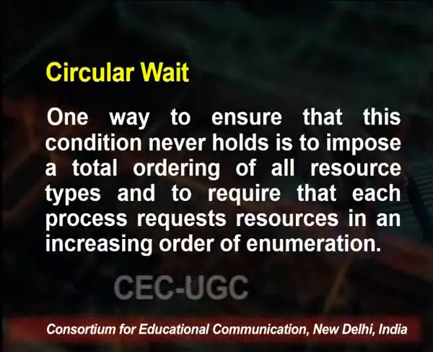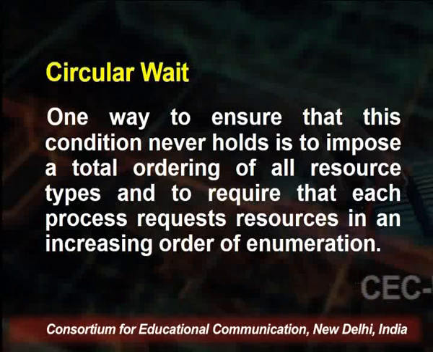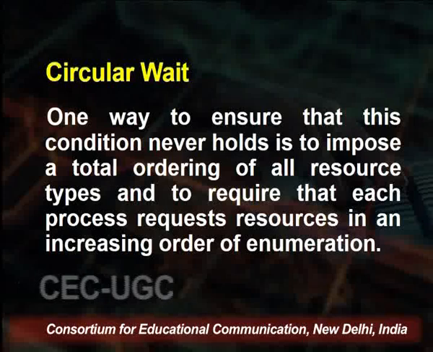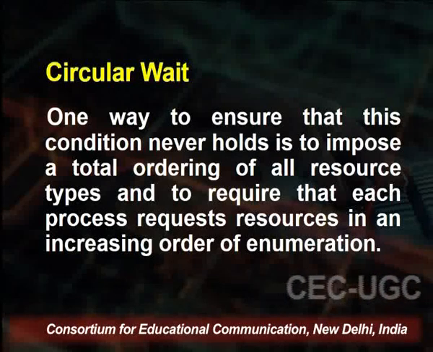I repeat, a way to ensure that the condition of circular wait never holds is to impose a total ordering of all the resource types, and to require that each process requests resources in an increasing order of enumeration. Now what does it mean? Let us try to understand this.